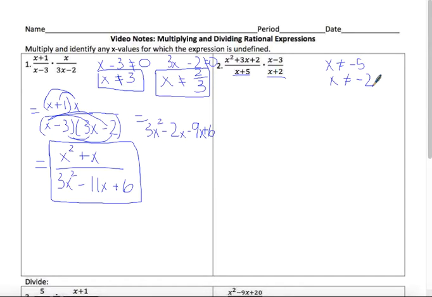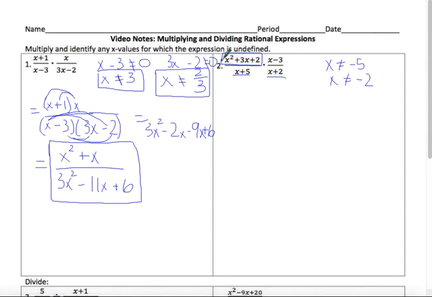Now, to multiply these, what actually makes multiplying easier is if we factor everything out first. Because sometimes we can factor, and then we'll find out that there's common factors in the numerator and denominator that we can simplify out. So let's factor x squared plus 3x plus 2.